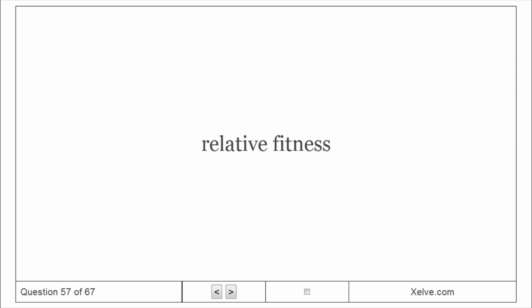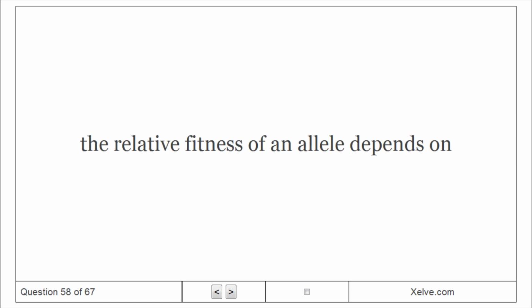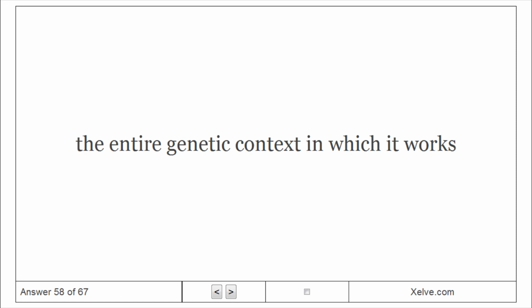Relative fitness: the contribution of a genotype to the next generation compared to the contributions of alternative genotypes for the same locus. The relative fitness of an allele depends on the entire genetic context in which it works.